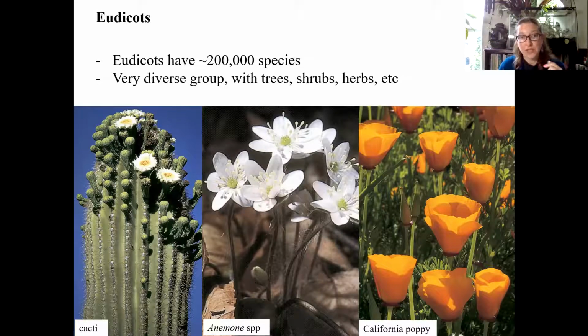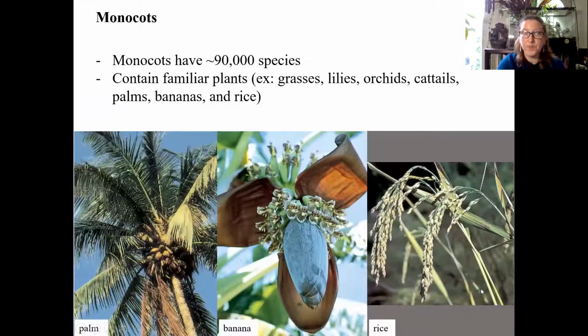Some examples here, we see a cactus is a type of Eudicot, this little flower called anemone, and California poppy. These are just examples. I pulled 3 out of 200,000, right? And then you have the monocots.